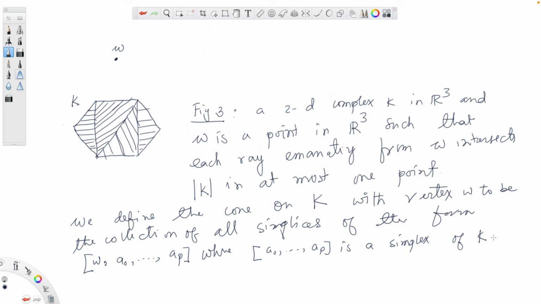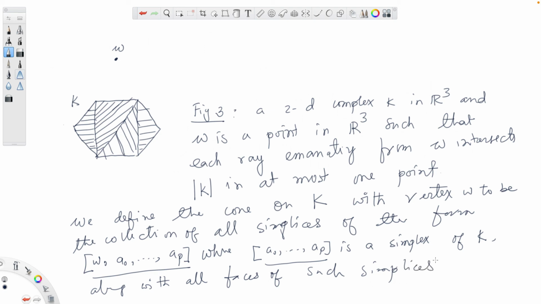So this is a P simplex of K, and we are forming P plus 1 simplices, right? Where it's a simplex of K, along with all faces of such simplices. Okay, so what's the collection?